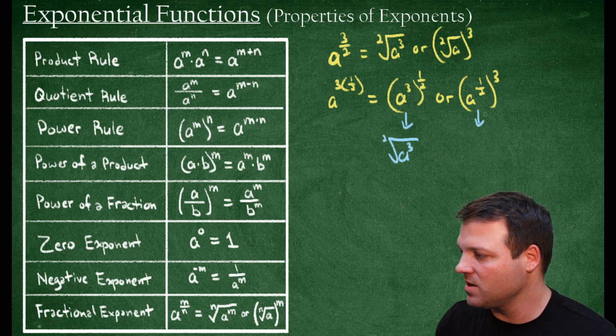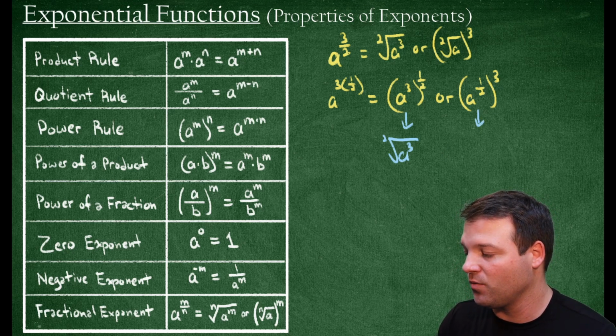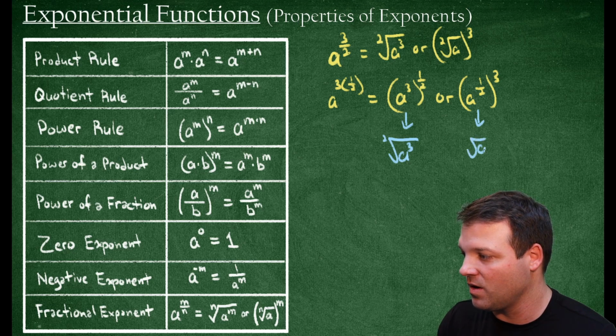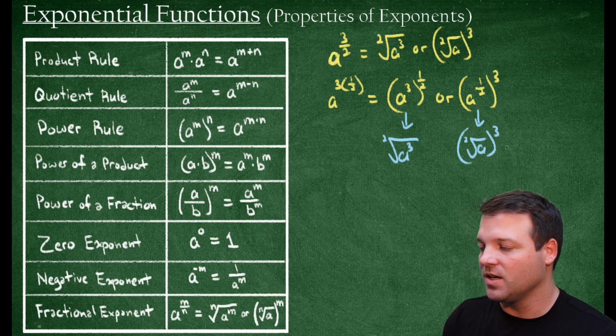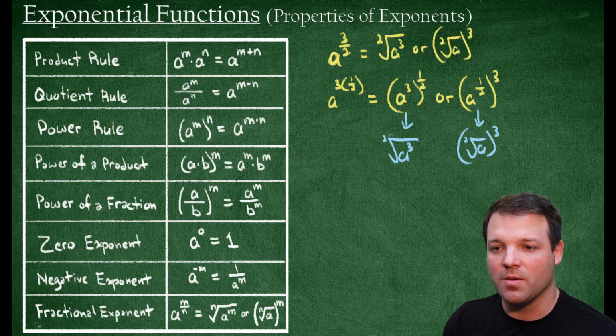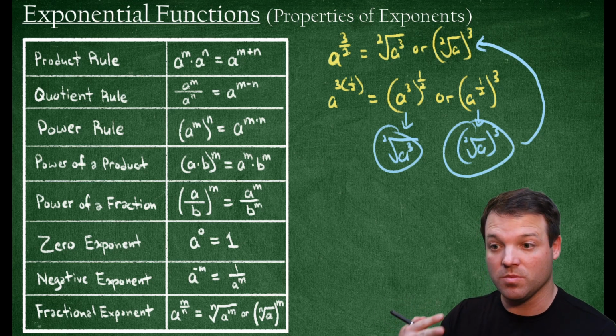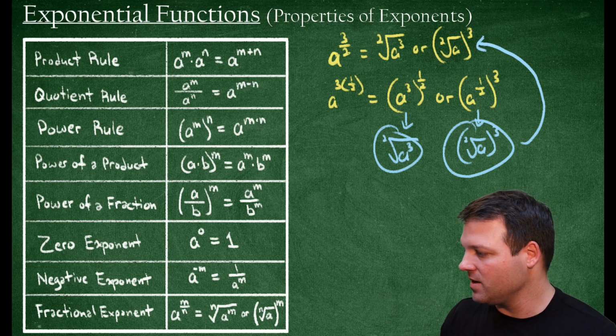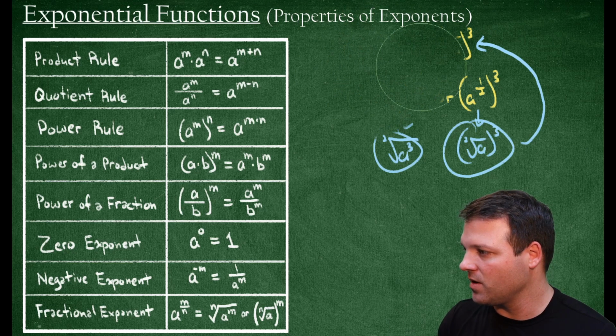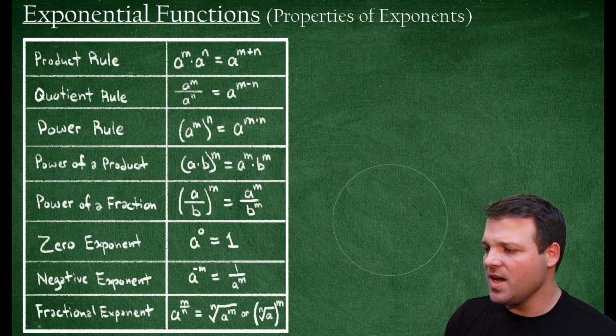And then this one here: a to the power of 1/2 is the square root of a, and then all of that to the power of 3. Again, I can put that little index of 2 there if I want. But ultimately, both of these are equivalent to what our rule says it should be equal to. So there we go. Let's get rid of all that work and move on.